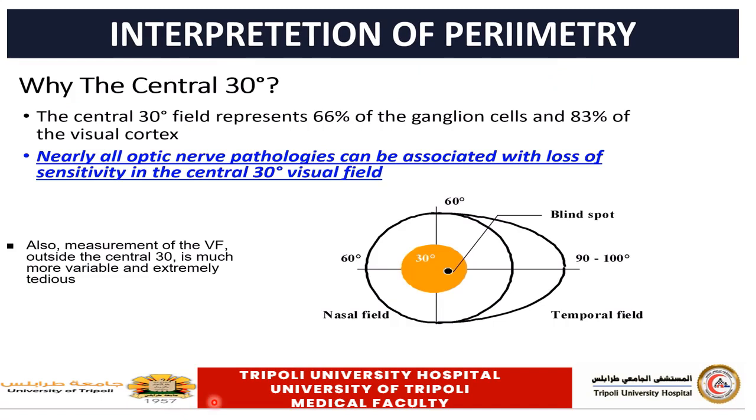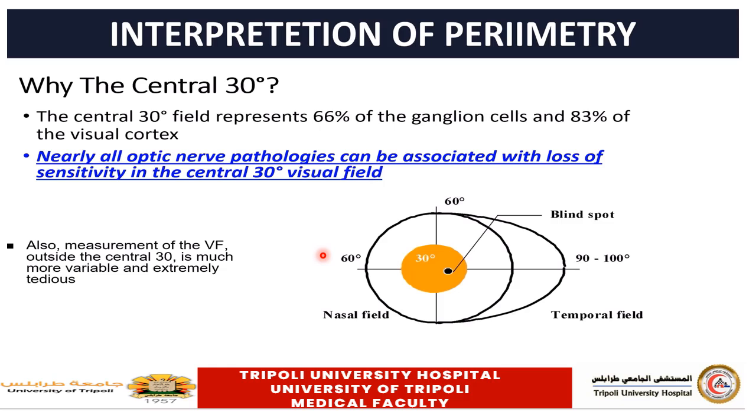Now the question that arises: why the central 30 degrees? You will notice that in recent machines, most of the companies and the people who are interested in the visual field are concentrating on the central visual field, and all the machines are predetermined to measure the central 30 degrees.